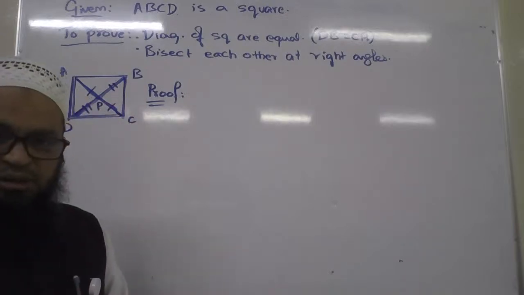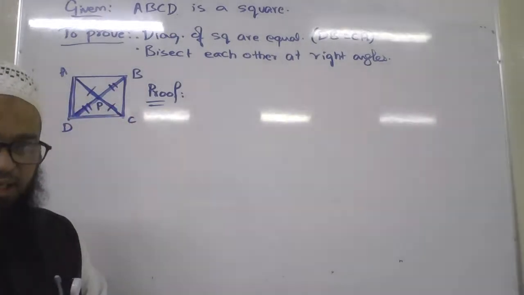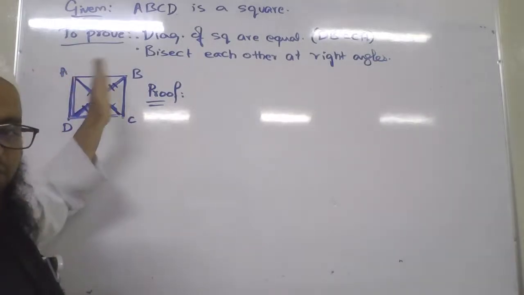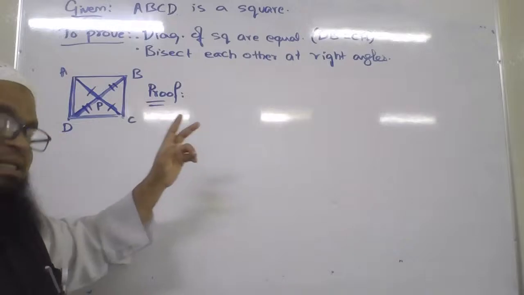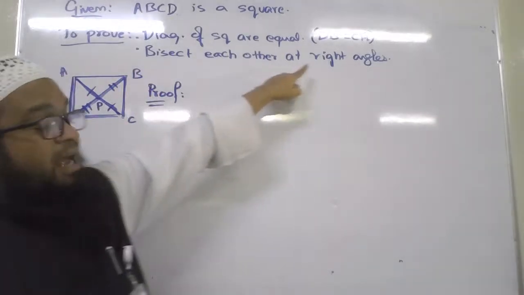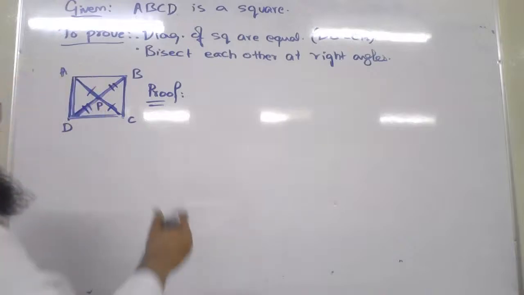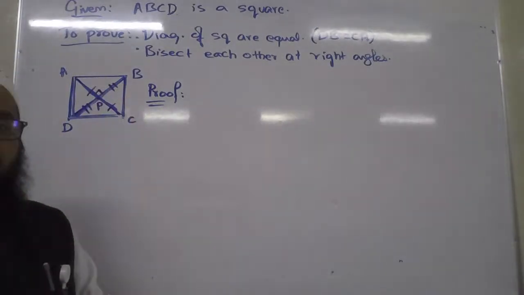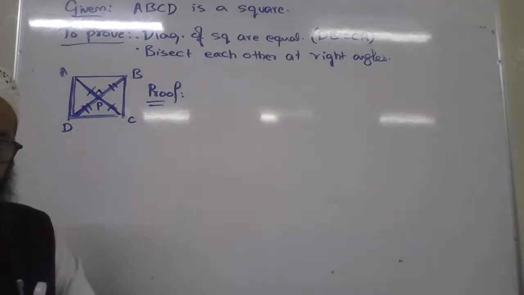Understood, my dear students? That means AC divides BD into two equal parts. In the same way, BD divides AC into two equal parts. And at right angles, that means the angle made by these two is a right angle. That also you have to prove.